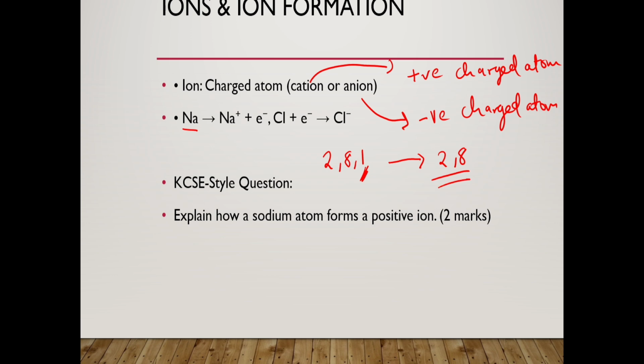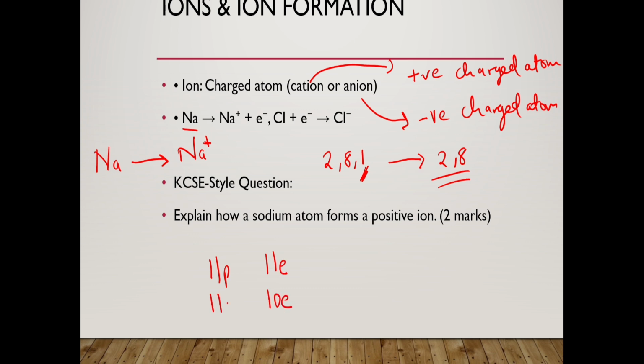So rather than writing sodium itself, it will change to sodium plus. What does the plus show? The plus indicates that the sodium has 1 more proton compared to electrons, because initially it had 11 protons and 11 electrons, but since it lost 1 electron, it remained with 10.